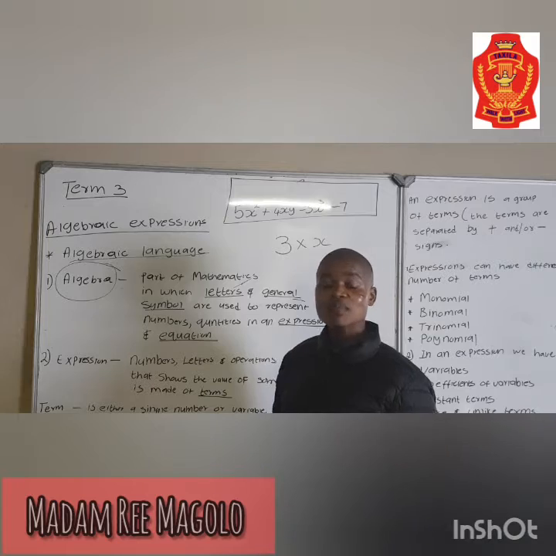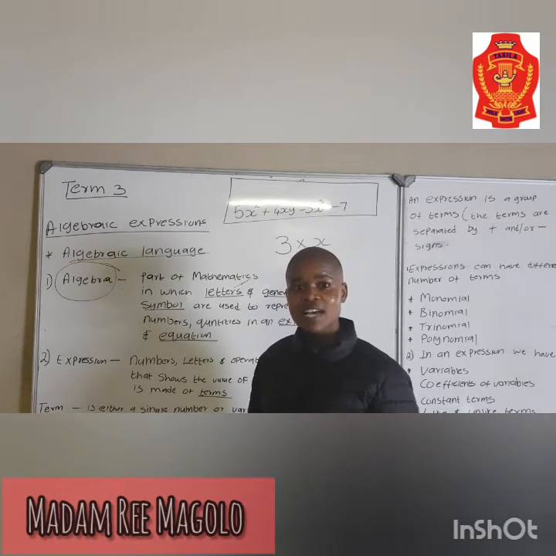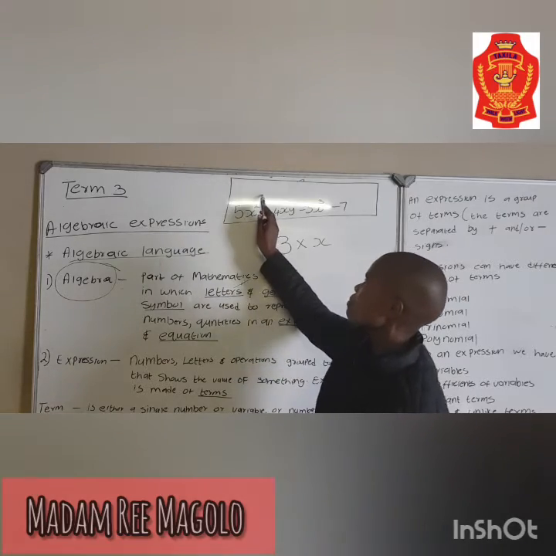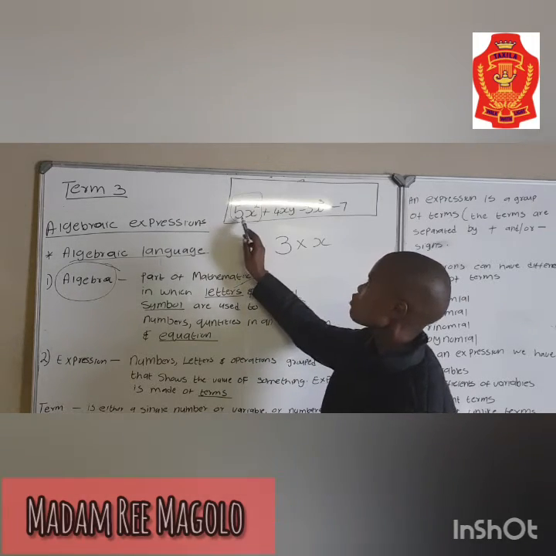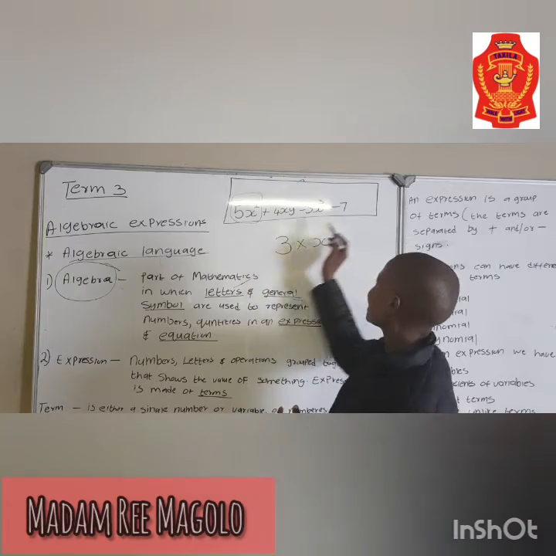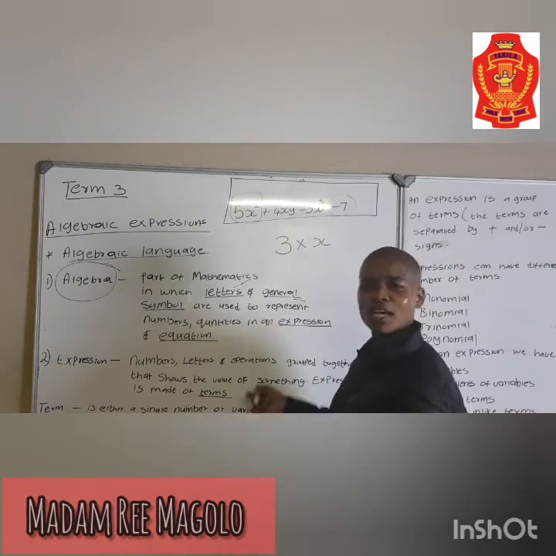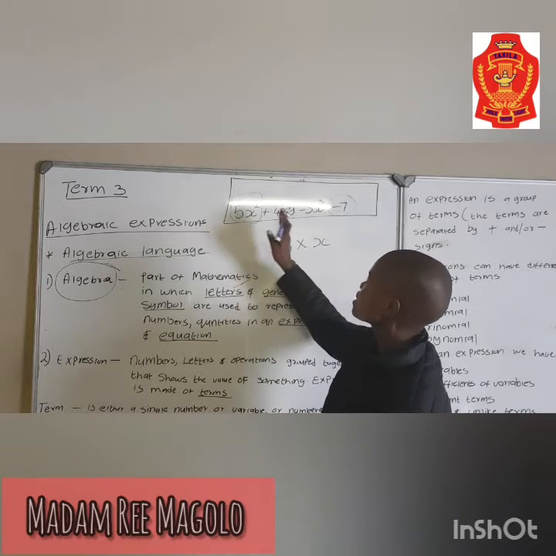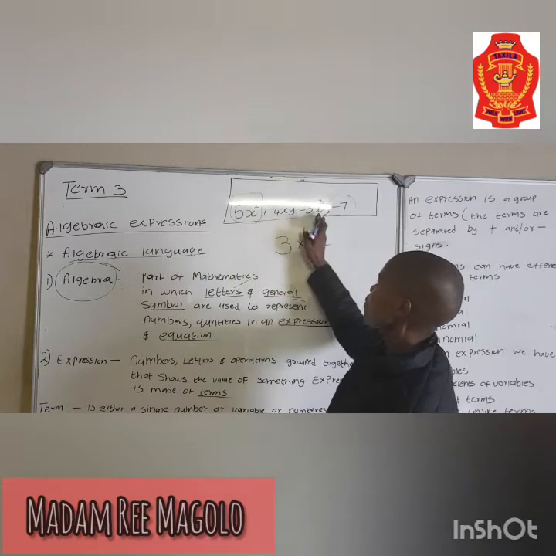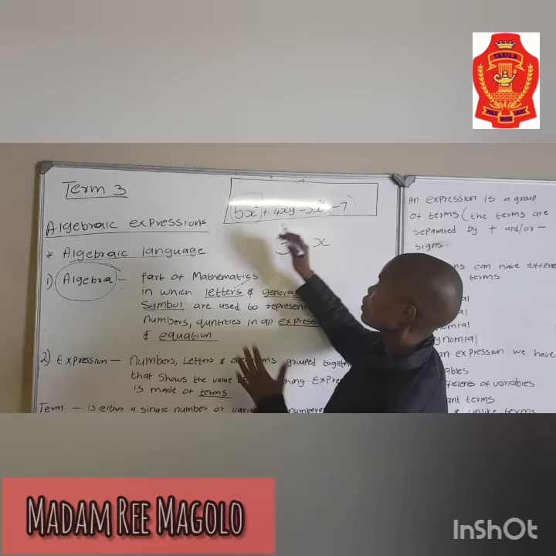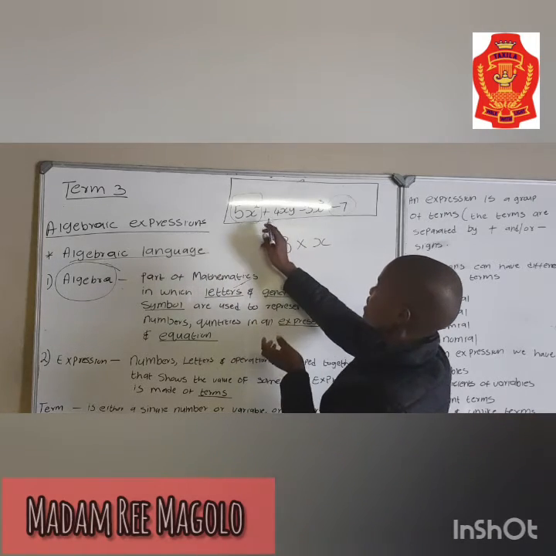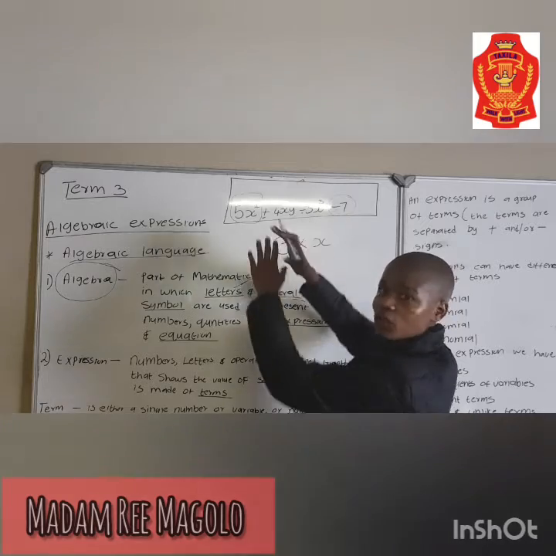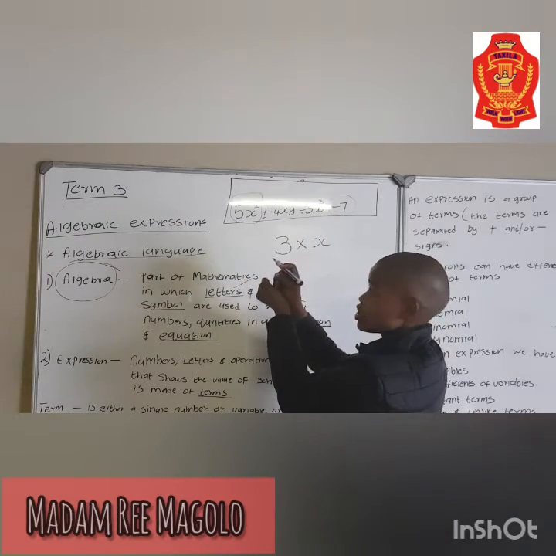An expression is made of terms. And what are terms? Terms are numbers that have variables, and numbers that can be on their own, which do not have variables. Together, when these terms are grouped together and separated by addition and subtraction, we call this an expression.